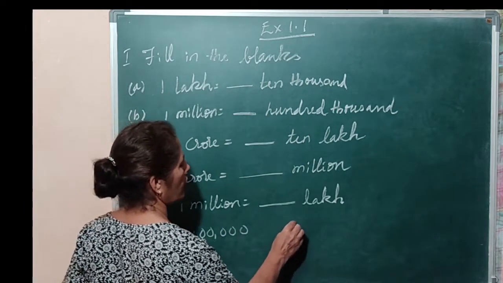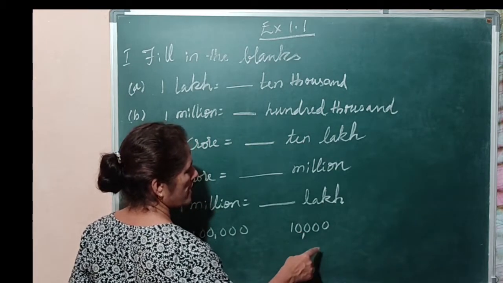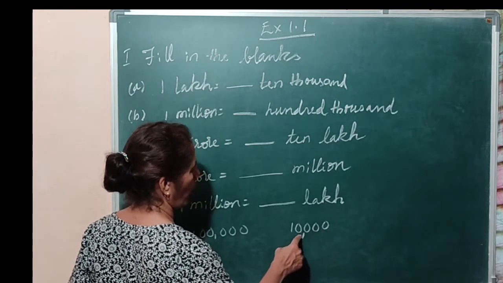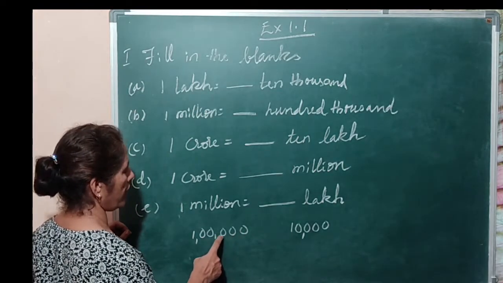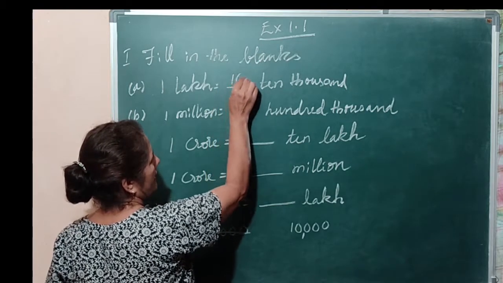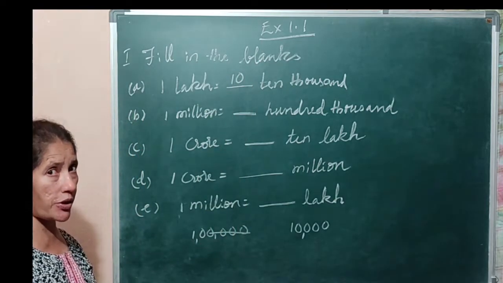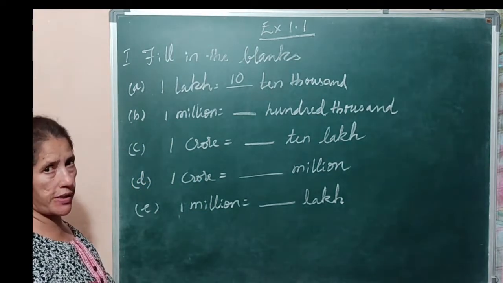On the right hand side, I write 10,000. How many zeros are there? 1, 2, 3, 4. Here also I cut those 4. When I cut, how many 10,000s? 10 10,000s. Understood clearly?